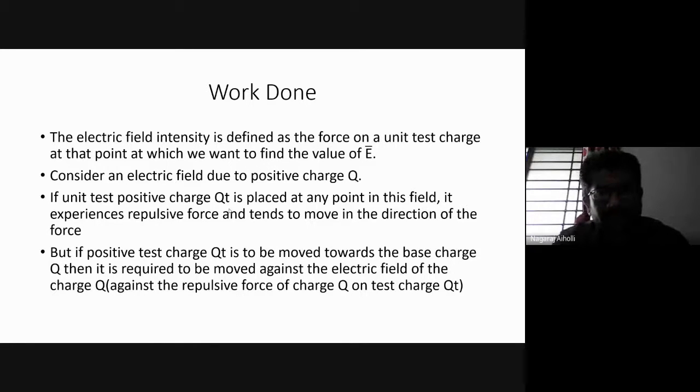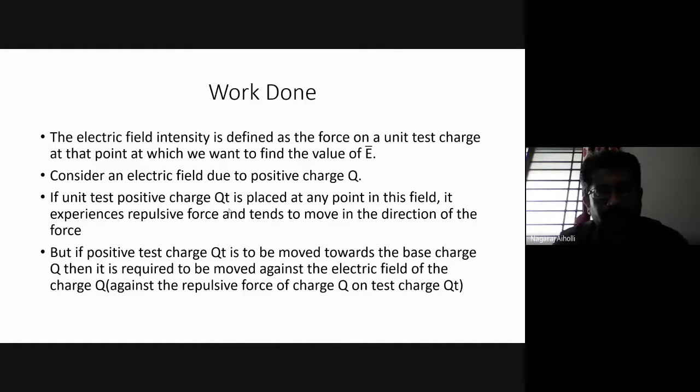Now when we place this charge Qt nearby the original charge Q, it is experiencing a repulsive force. Why? Because both have the same polarity. Both have positive polarity, and even though their magnitudes are different, their polarities are the same.